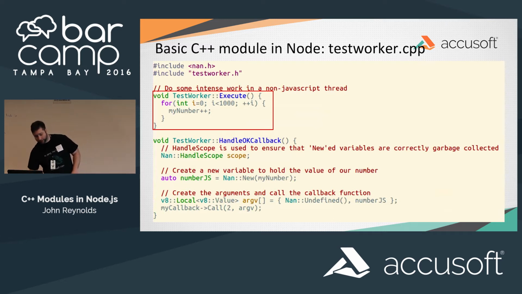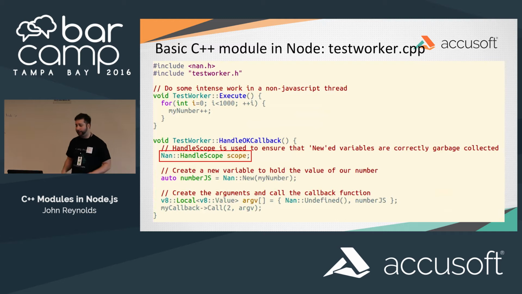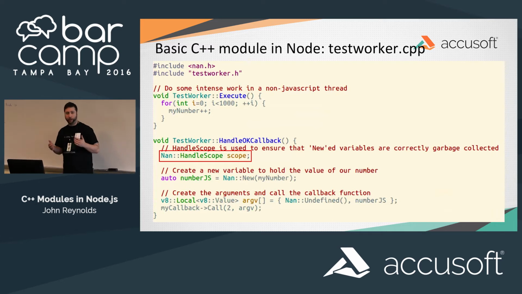Now, the handle OK callback, on the other hand, does have access; that takes place in the JavaScript thread. So whenever we create new JavaScript variables, it's very important that we allow them to be garbage collected. So in NaN, it has a very helpful thing, which is the handle scope. There are other types of this.